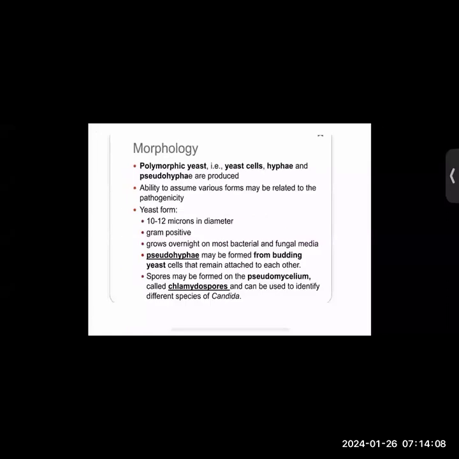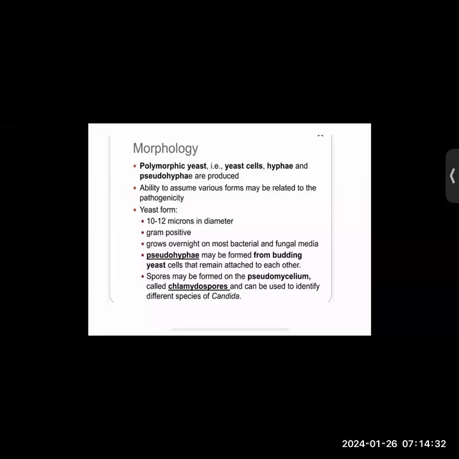Next slide. Morphology: we have polymorphic yeasts, which produce yeast cells, hyphae, and pseudohyphae. They have the ability to assume various forms, which may be related to pathogenicity.